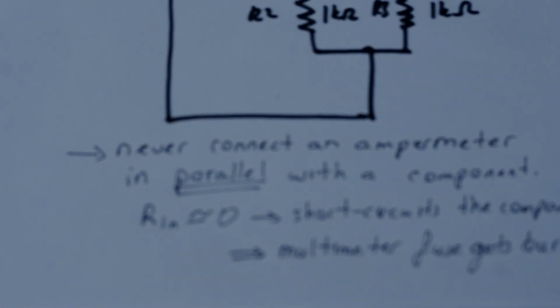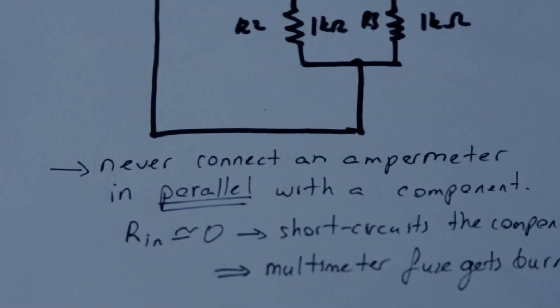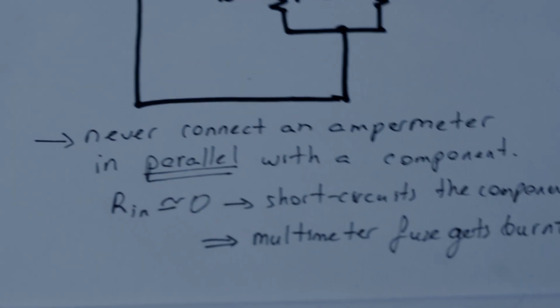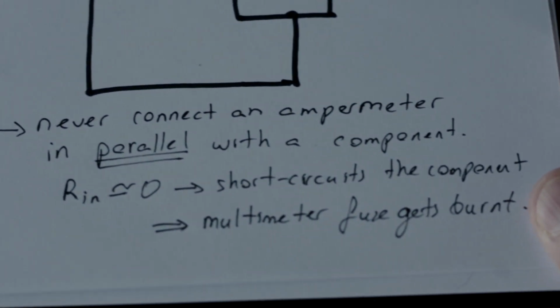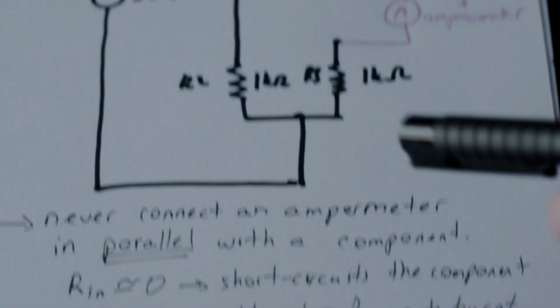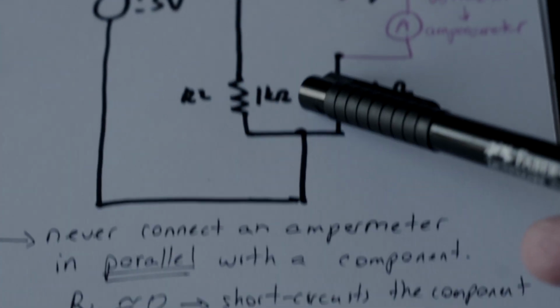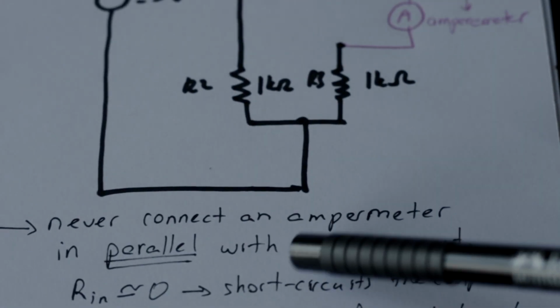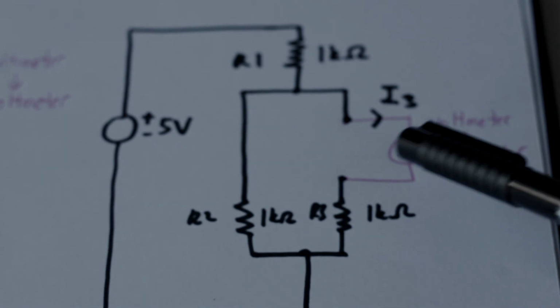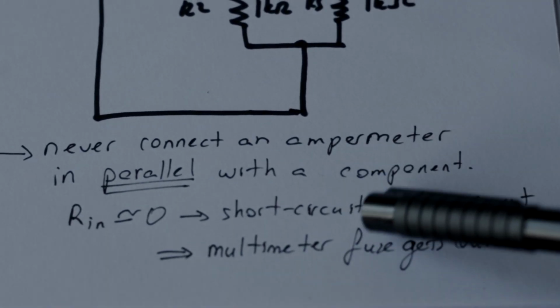But just one caveat, okay, never connect an ampere meter in parallel with a component. Why? Because as I said, the internal resistance of the ampere meter is about zero, so that it does not ruin the measurement. But if you connect an ampere meter in parallel with a component, so let's say I put this in parallel with R3 by mistake, then you are short-circuiting the component.